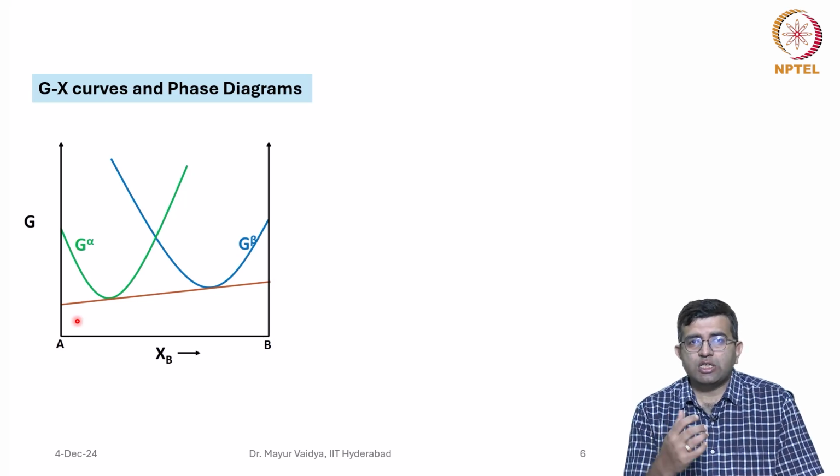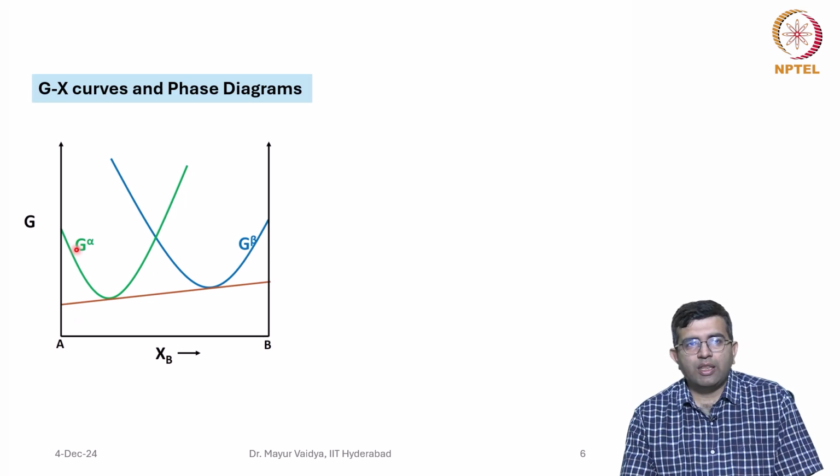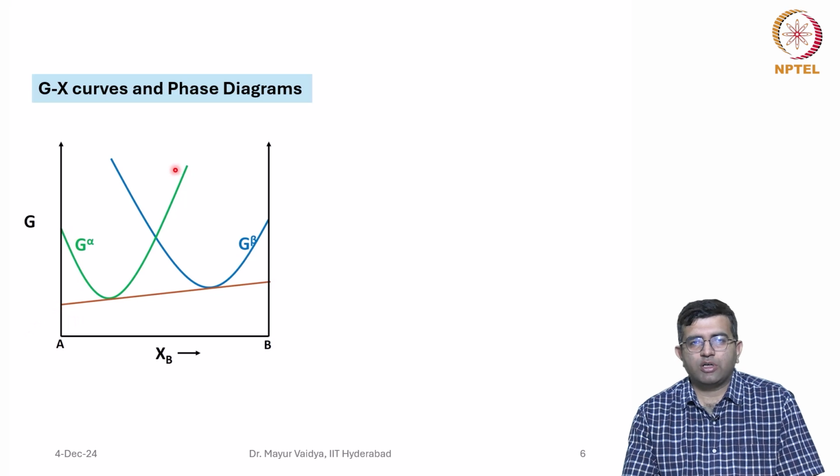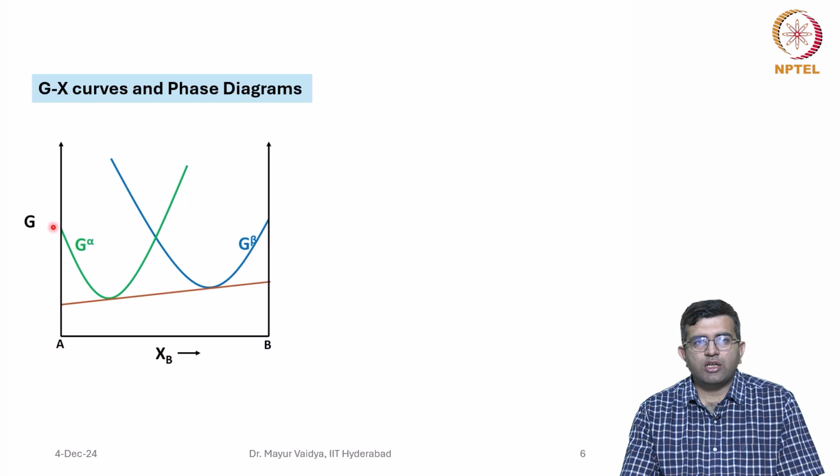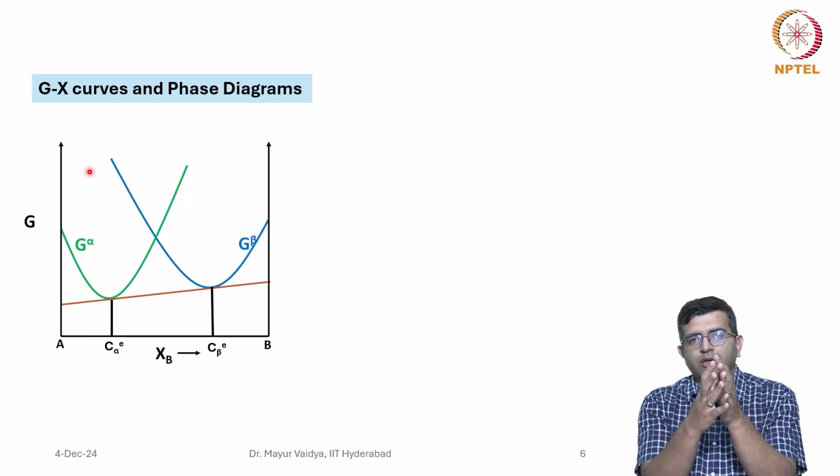In such a case, how do we understand it? For example, if alpha and beta are existing together, the free energy diagram would look something like this. You have G of alpha and G of beta, and this is the composition. Ultimately, how do we understand the competition between phases?